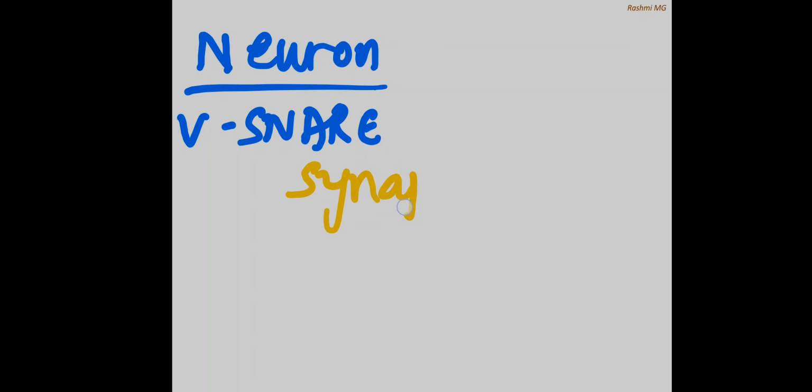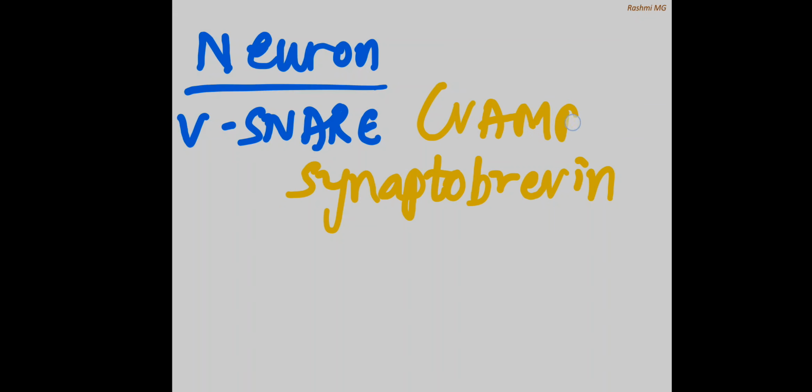So in neurons, what is the V-SNARE called? The V-SNARE is called synaptobrevin. This synaptobrevin is also called VAMP, V-A-M-P. And there is a T-SNARE also.